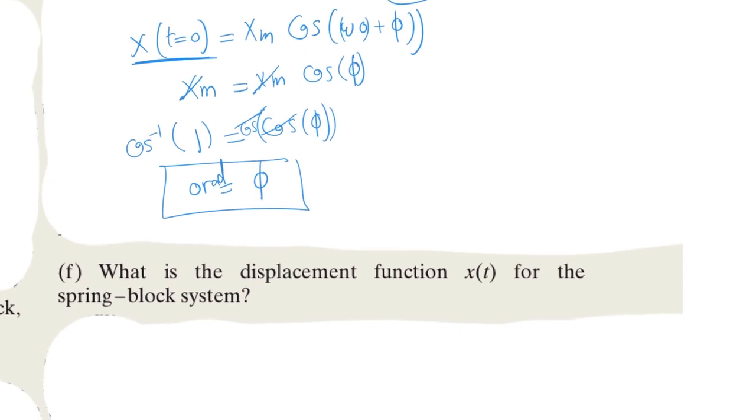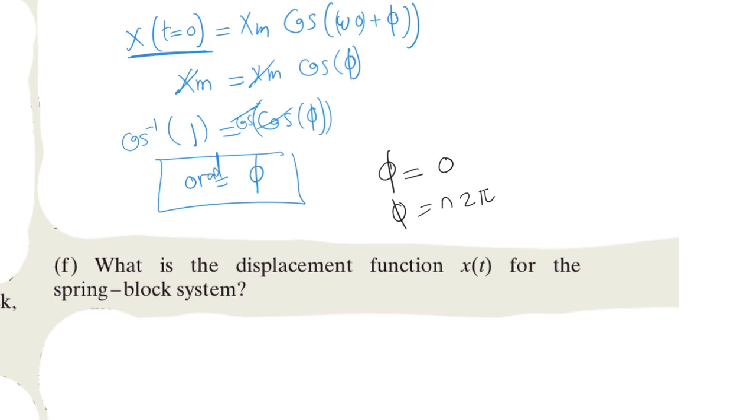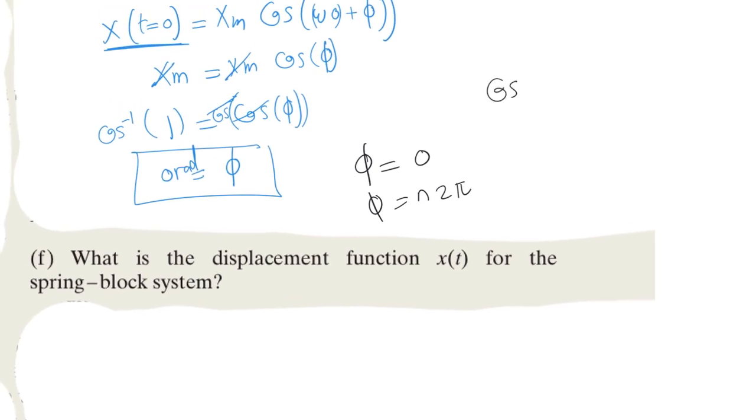And here phi is not only 0, it can also be any integer multiple of 2 pi. Why? Because cosine 0 gives us 1. Also cosine 2 pi is also 1.